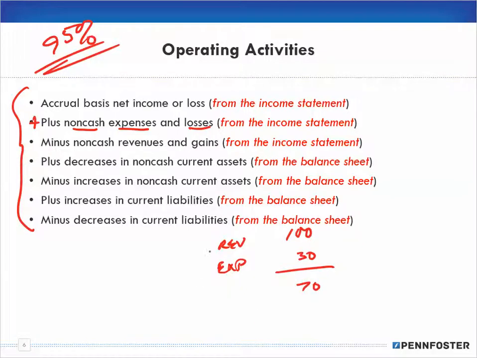Well, if one of those expenses was a non-cash expense like depreciation, and let's say depreciation was $10, out of this $30, 10 of it was for depreciation. Notice it says we're going to add that back in. So we're going to add that $10 back in, which would give us $80 of profit, because why?